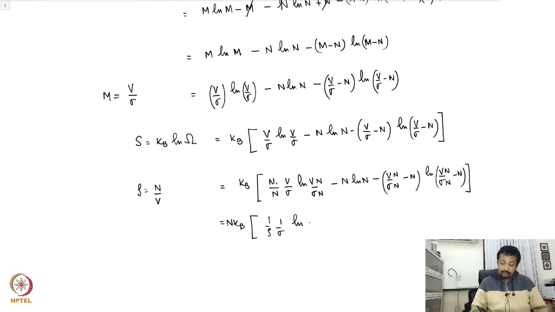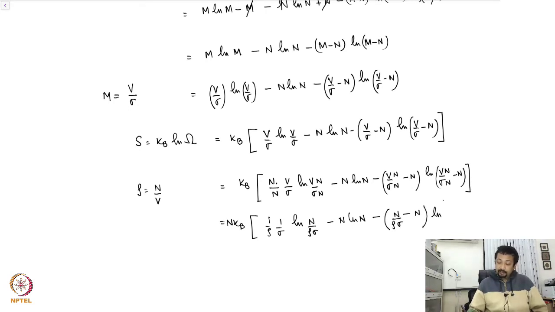I have n divided by rho sigma, minus n ln n, and here I have minus n, and this is being divided by rho sigma.